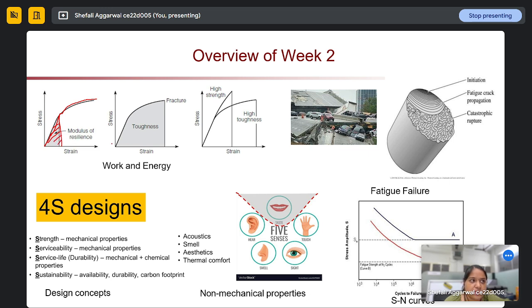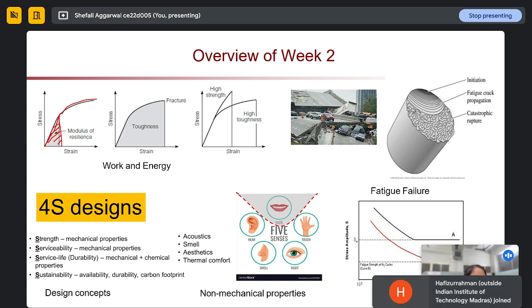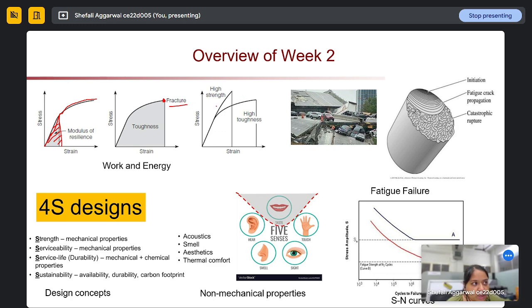However, when we see the complete stress strain curve, the area under the curve is called the toughness, and the point at which the material fails is called the fracture. If we compare two types of materials, the one with a very high slope area will have high toughness. However, the material with a very high ultimate stress value will have high strength.